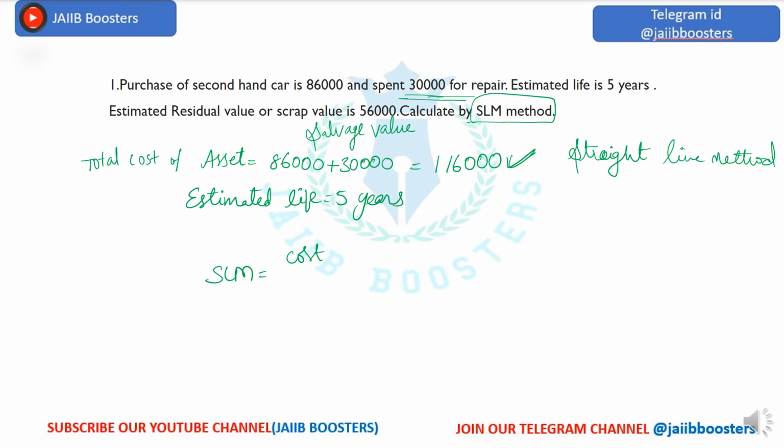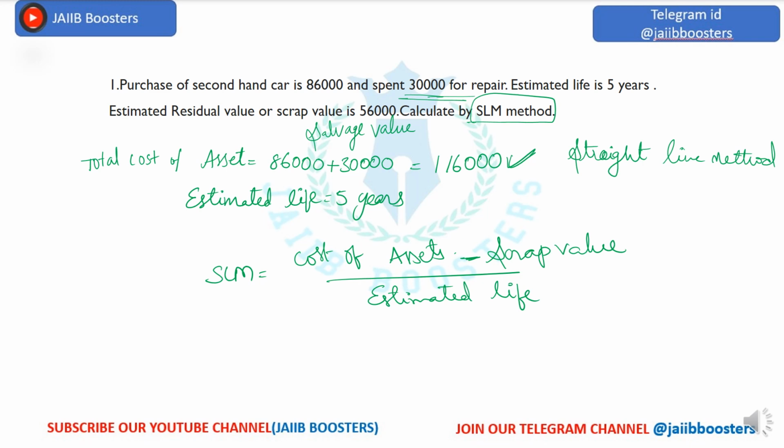That is cost of an asset minus scrap value or salvage value, divided by estimated life.